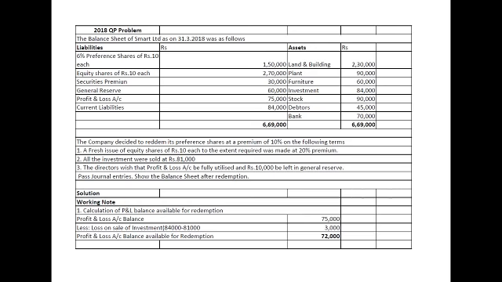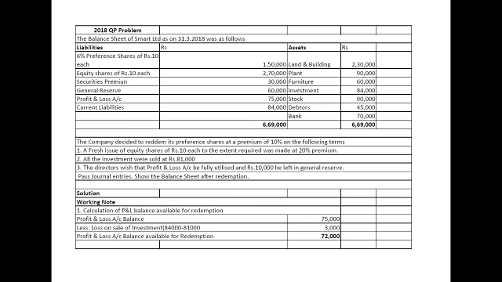First you have to see how much profit or undivided profit we can use for redemption. Means the existing profit, it may be profit and loss account, general reserve, or any kind of reserve available for redemption, that we have to see. And the remaining amount we have to go for the fresh issue.